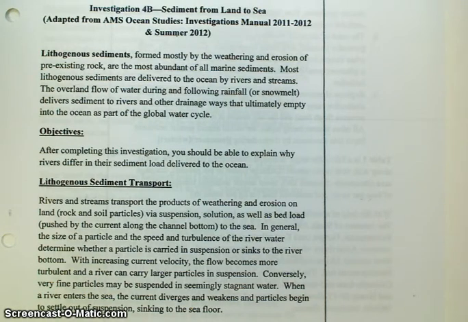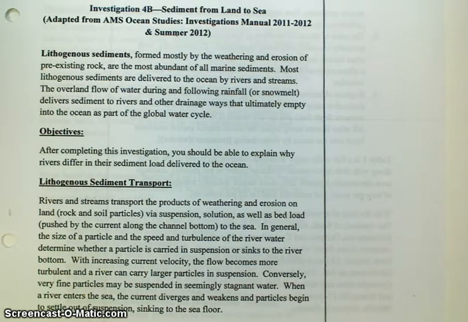Bedload means that the rock or soil particles are pushed along by the current along the channel bottom, along the river bottom. In general, the size of a particle and the speed and turbulence of the river water determine whether a particle is carried in suspension or sinks to the river bottom. With increasing current velocity, the flow becomes more turbulent, and a river can carry larger particles in suspension.